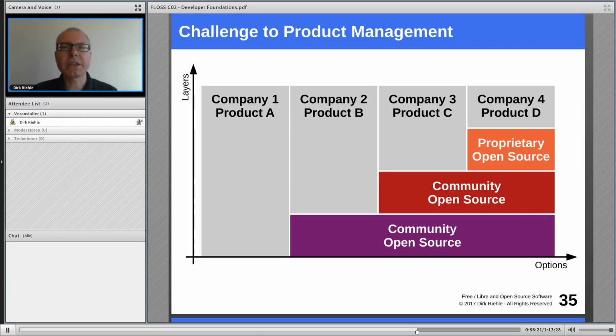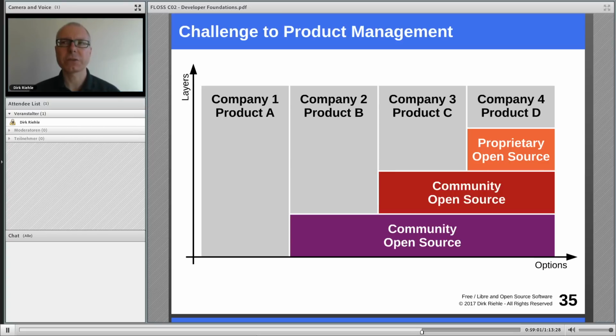Now, as software vendors engage and use an open source software product, various challenges come about. One of them is a product management challenge. For any piece of code that a developer at some company programs, they have to think about whether they want to put that into the open source project or keep it proprietary if the license permits that. And that's a real challenge because the company needs to very clearly and cleanly understand what its competitive edge and differentiation is, and based on that, it can decide.